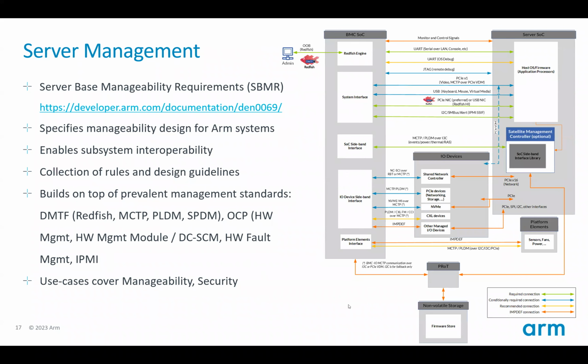The last thing I would add is these DPUs also have BMCs, so we look at them as managed devices in some cases, which makes them look like really servers.